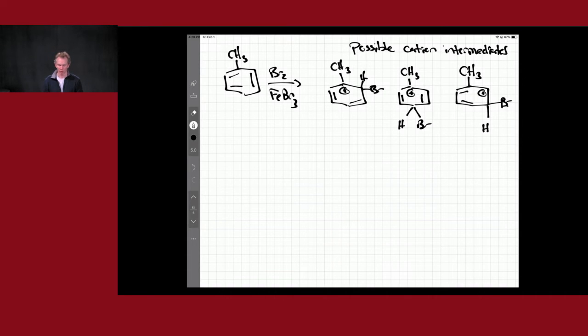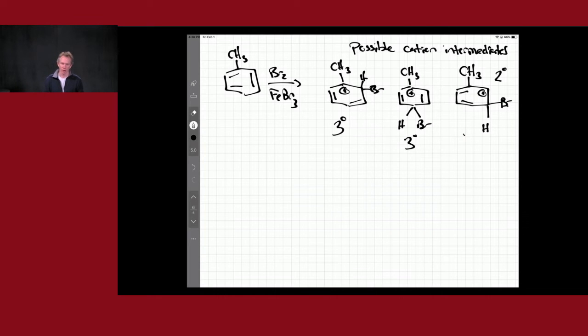But if we think about how we would classify the ones that I've drawn up here, I would call this cation a tertiary cation because the cation is on a carbon that is bonded to 3 other carbons. Same with this one here, tertiary. However, on this last one where we tried to put the bromine meta to the methyl group, I would call this one a secondary. Let's put that for 2 up here.